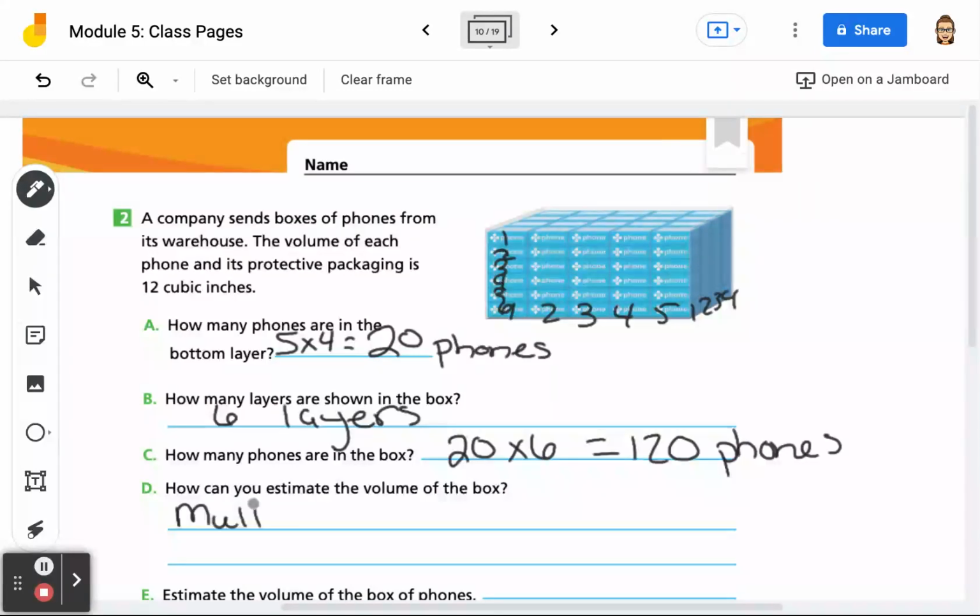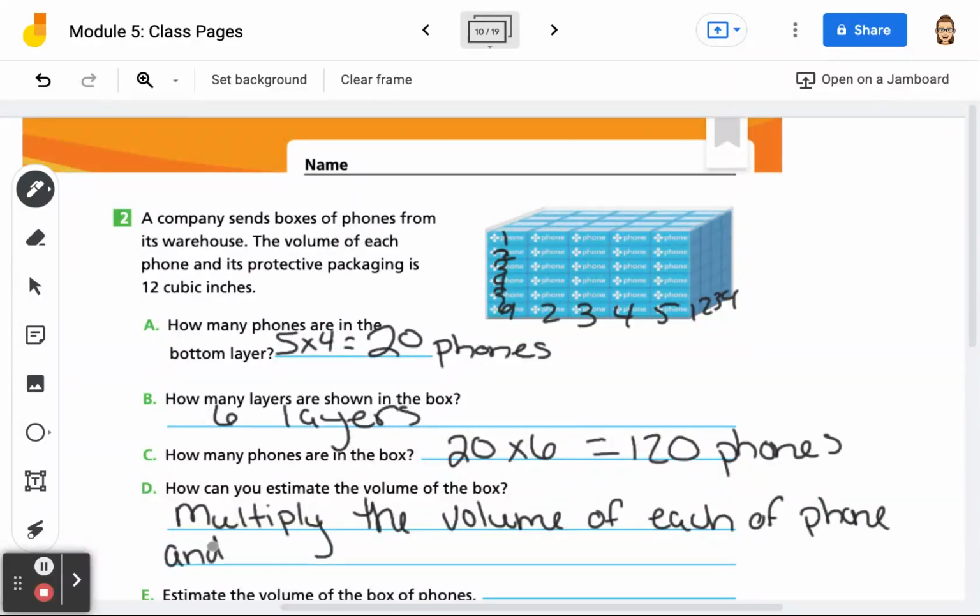So we're going to multiply the volume of each phone in the packaging by the number of phones.